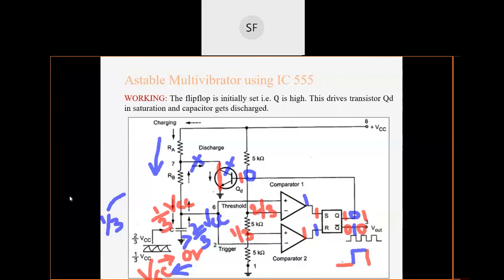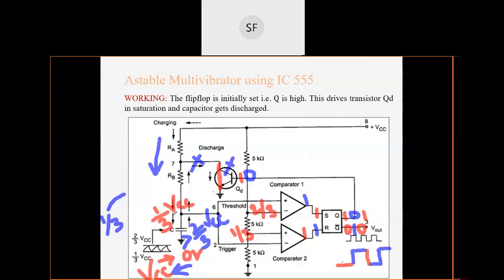So what is happening here is that when this capacitor is discharging, the voltage across it is going from 0 to the high state.